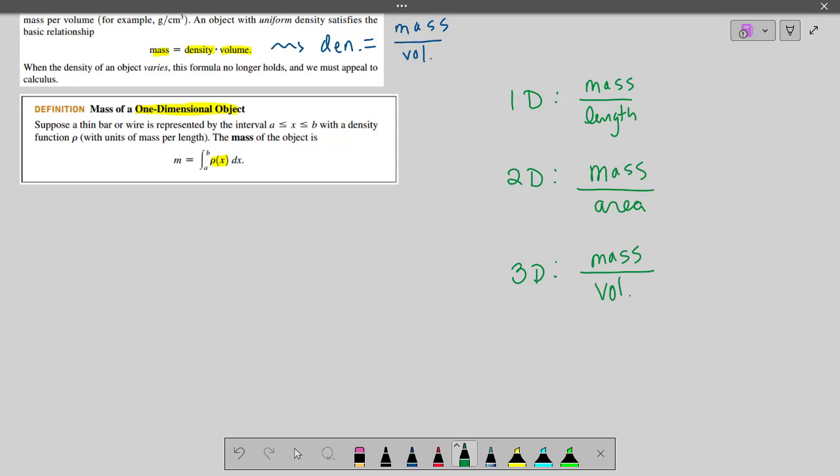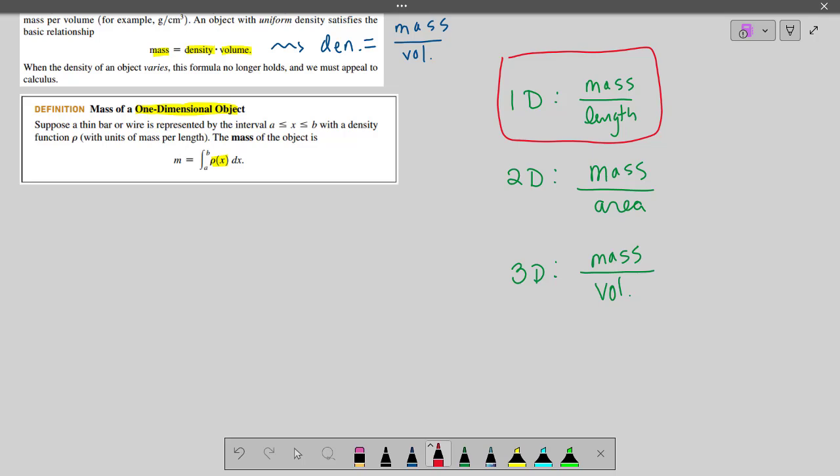You've got to be a little careful. You need to know what dimension you're dealing with. In this class, we are going to be dealing with 1-dimensional, because if your density varies, in the 2-dimensional case you would need a double integral to build up to mass, and in the 3-dimensional case you would need a triple integral to build up to mass. So you'll do these 2 cases in Calc 3.